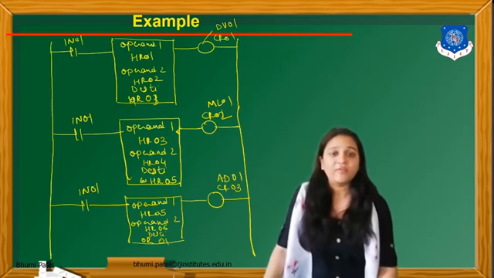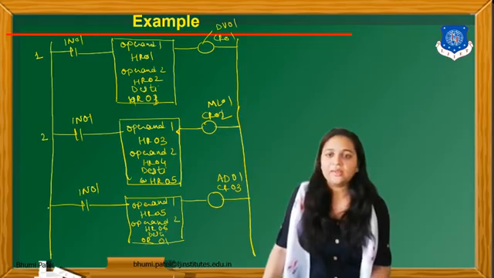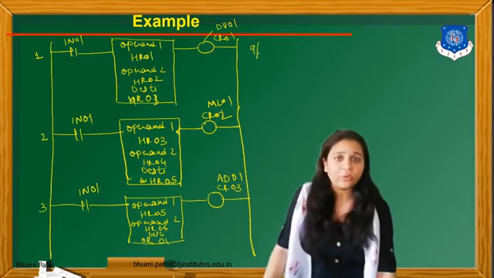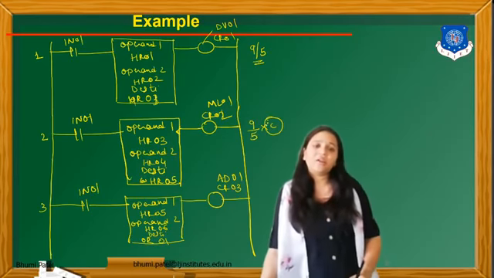This is my first rung, this is my second rung, and this is my third rung. After the first rung, we know the value of 9 by 5. After the second rung, we know 9 by 5 into Celsius. For a different temperature value, we get a different result.